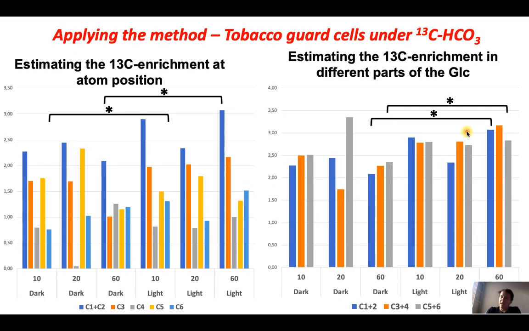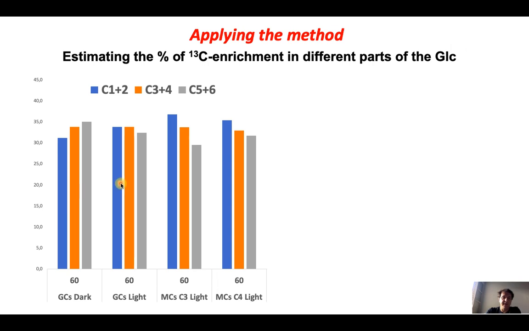Another interesting thing is this: this is the Arabidopsis, this is the maize leaves, and here are the guard cells. And here's the percentage of the carbons. So we sum everything to 100%, and then we check the percentage of each pair of carbons in the compound.